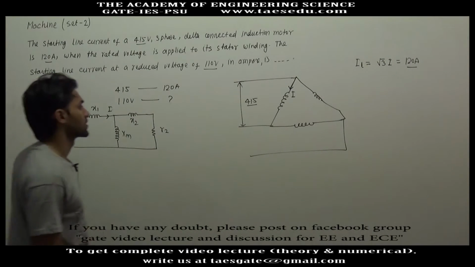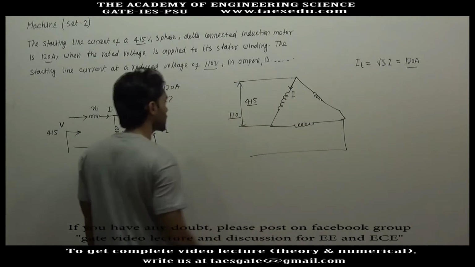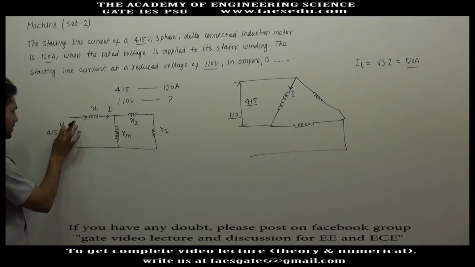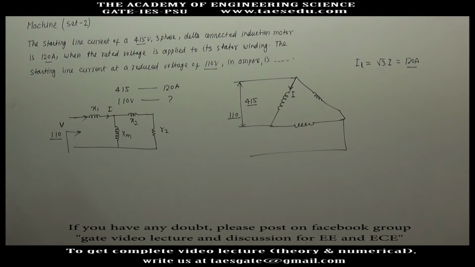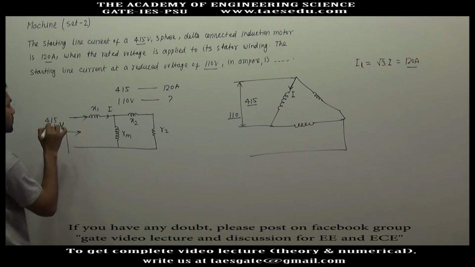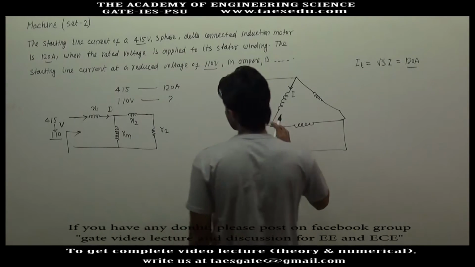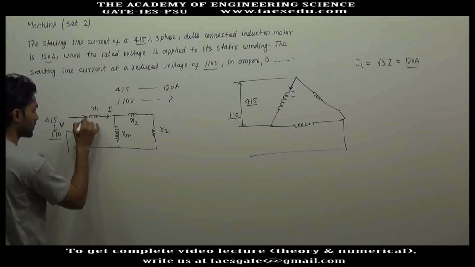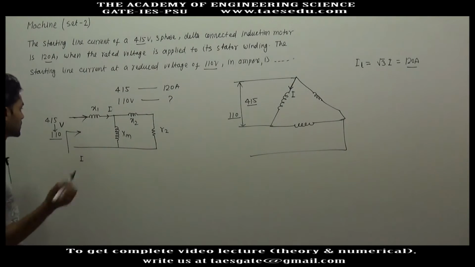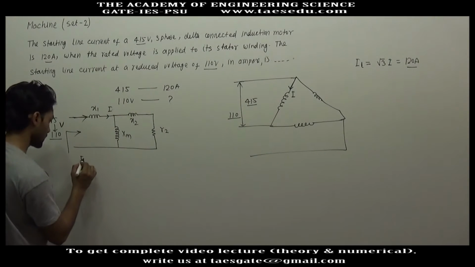Now if this voltage is reduced in delta connection, when this voltage is reduced to 110 volt, in this diagram voltage will be reduced from 415 volt to 110 volt. So in the same ratio, the per phase starting current will decrease because voltage is decreased.